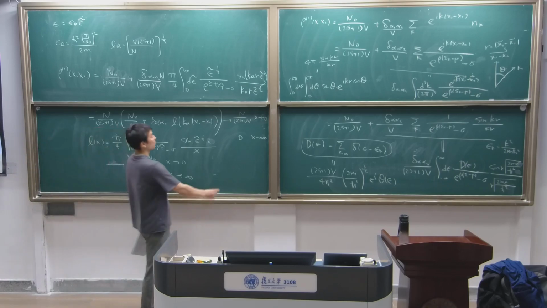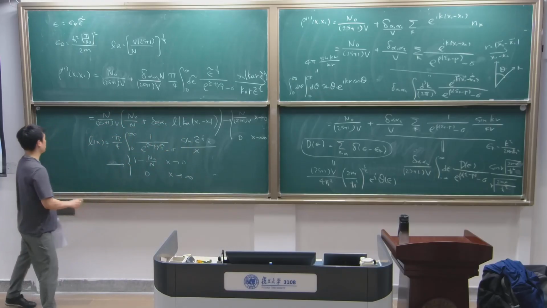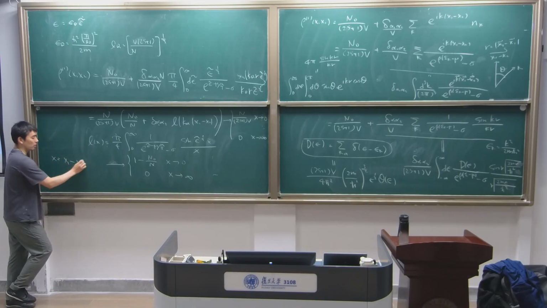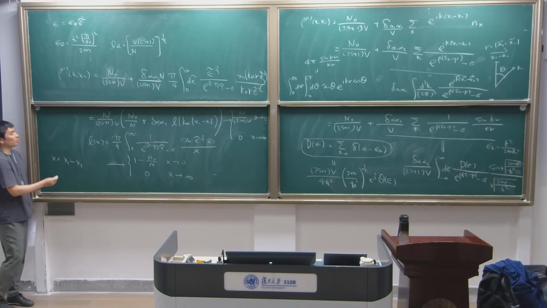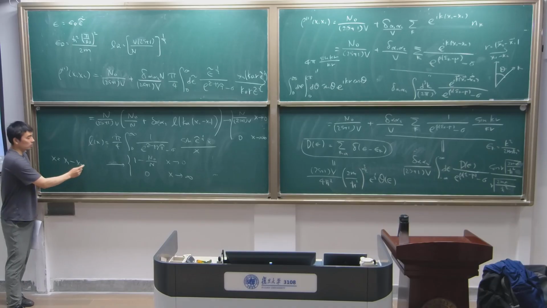So what's the meaning of this one? If you look at this one, x is what? x is x1 minus x2. And so if you consider this one particle density matrix, x goes to 0 means x1 is equal to x2.